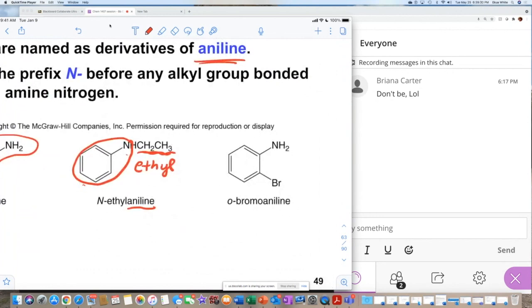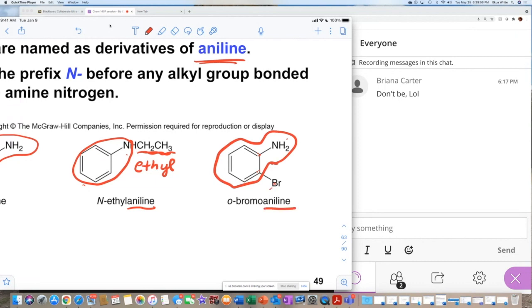Then over here, the side group is on the benzene ring. Don't worry, you won't be doing a lot of these. This is more for the majors class, but just to introduce you to it, this is what we're going to be going over. Since the side group is not on the nitrogen, these are actually adjacent next to each other. Remember, this whole combination of atoms is called aniline.